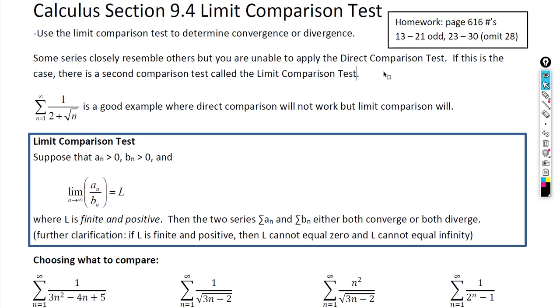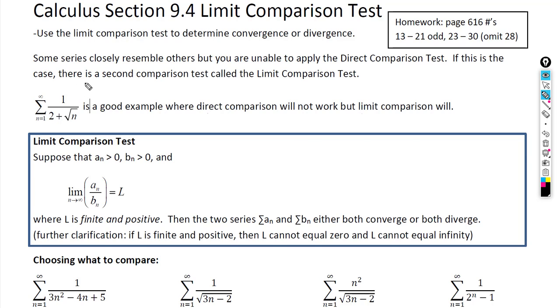Okay? And so here's a nice example of a series, and it's a good example of where direct comparison will not work, but limit comparison will. We talked in the last section about p-series and other things like that. We could technically use it.